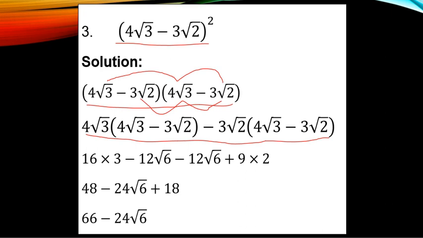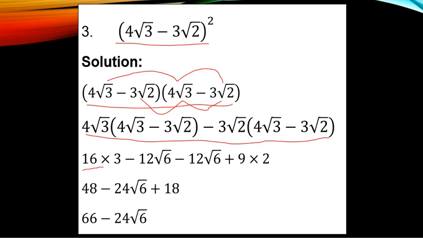You take all the terms in the first bracket to multiply all the terms in the second bracket, each term rather. So the first term is 4 root 3 multiply the second bracket. The third term minus 3 root 2 multiply the second bracket, and you multiply. 4 times 4 is 16.